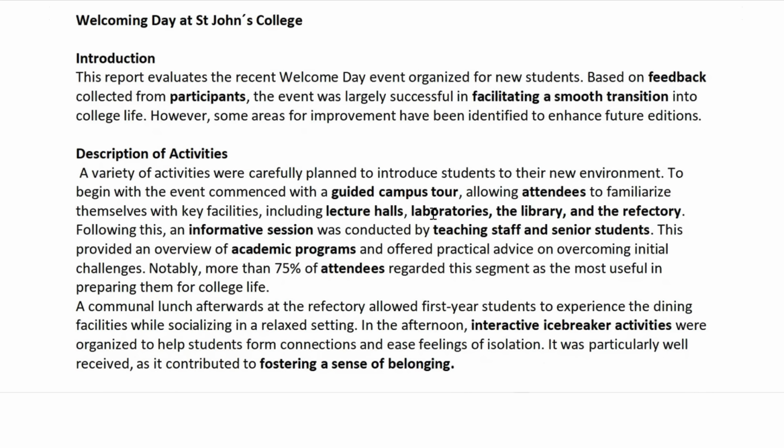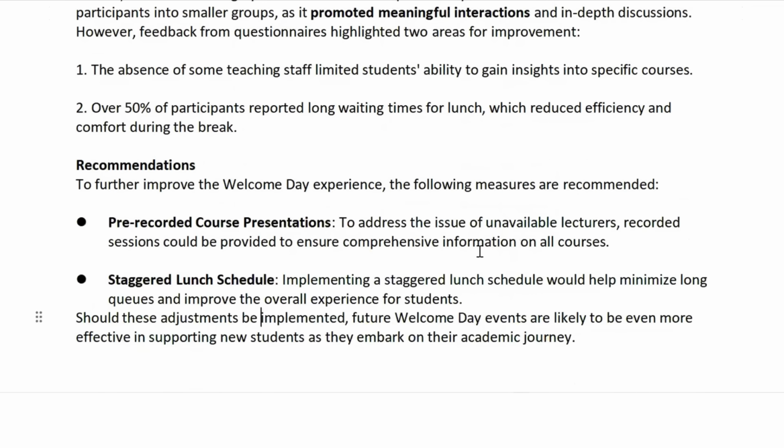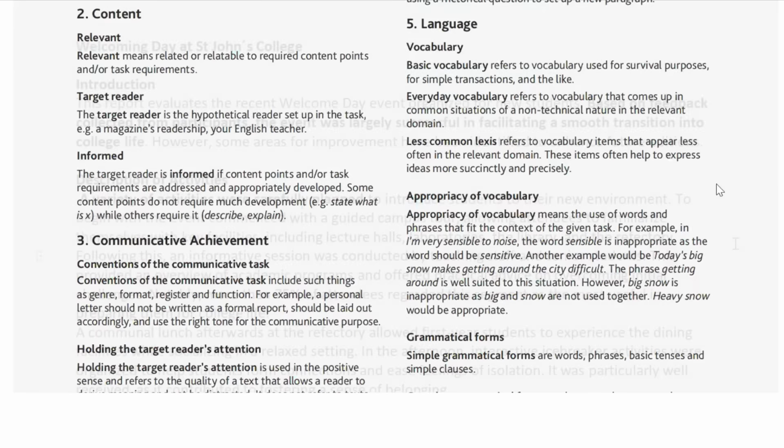Guided campus tour, laboratories, library, refectory would be vocabulary related to college life, teaching staff in the same way, academic programs. Interactive icebreakers would be vocabulary relevant for welcome days. All the way through we've provided that kind of vocabulary. So in relation to the language requirement for vocabulary, I think we've done what's been asked of us.